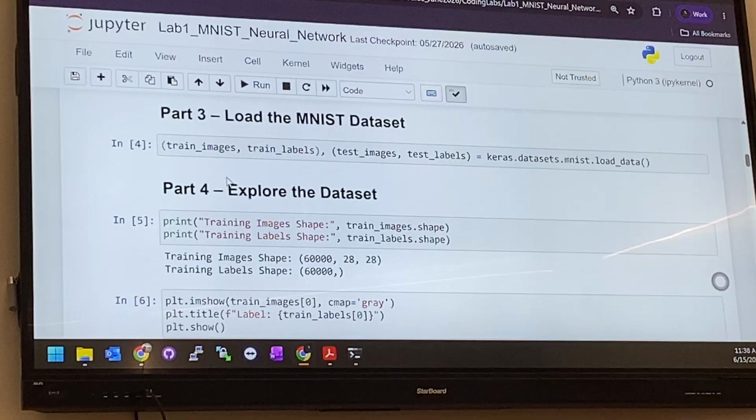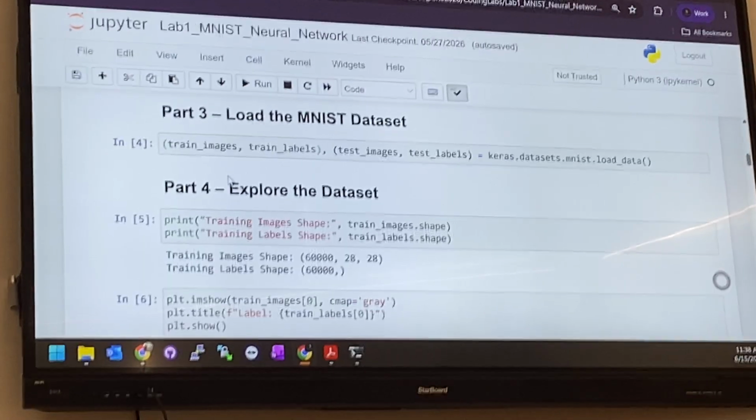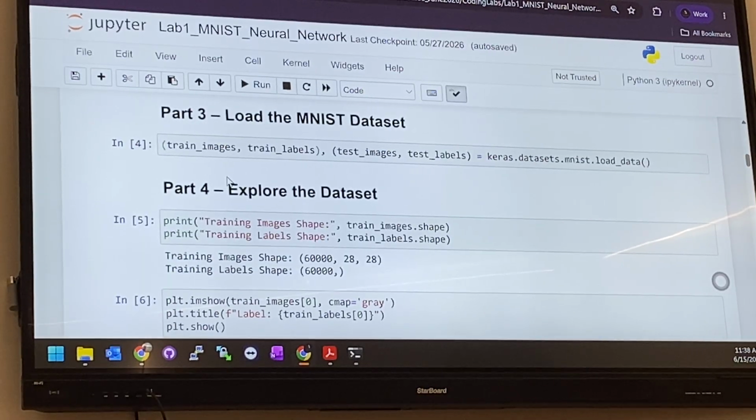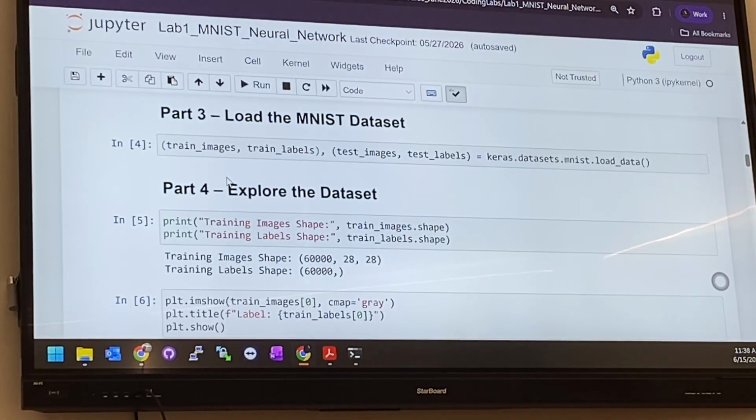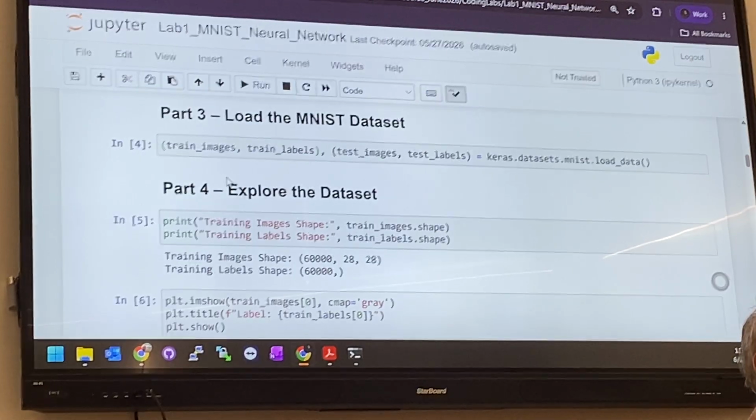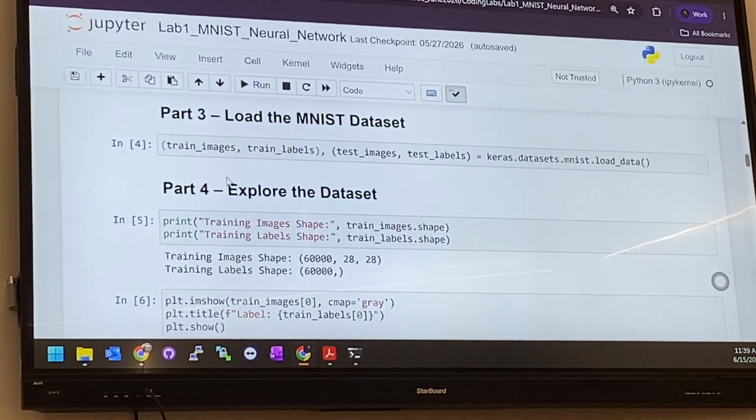So this is a question. We have a train images data set and a test images data set. We have train labels and test labels. So in total, we have two data sets, one for training and one for testing, and two for the labels. It depends on how you count. Four, yes. It depends on the definition.